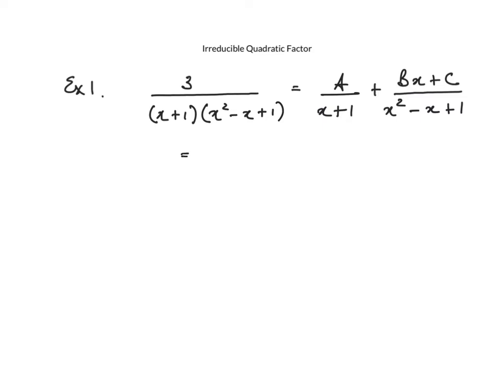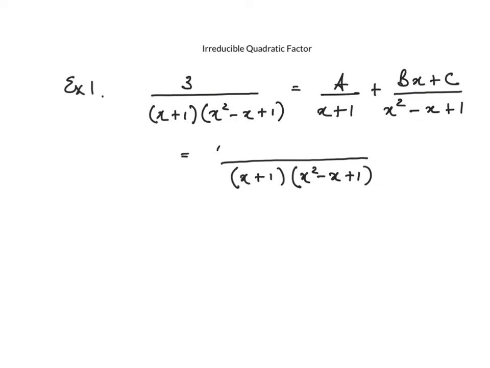So proceed to get the common denominator. This is a line that I don't normally put in. What do I multiply x plus 1 by to get the common denominator? I must multiply by x squared minus x plus 1.